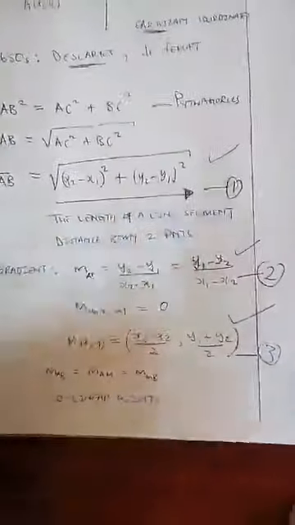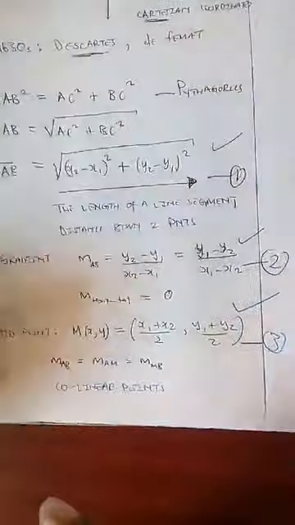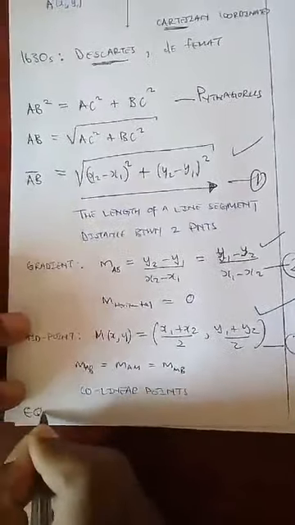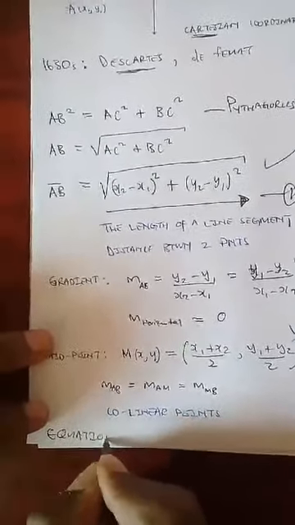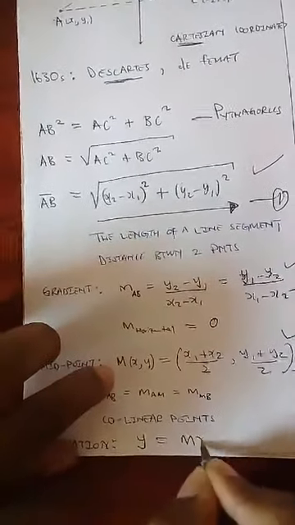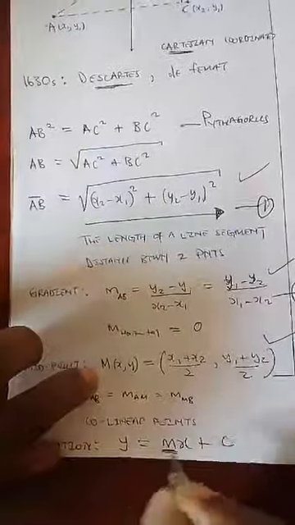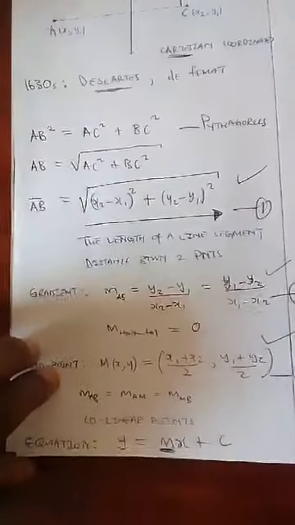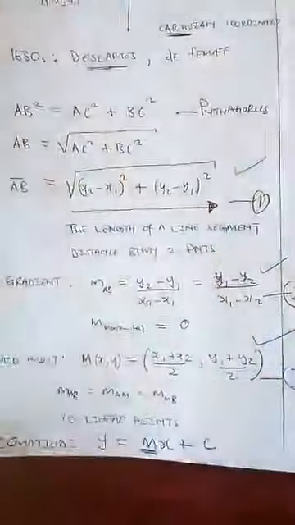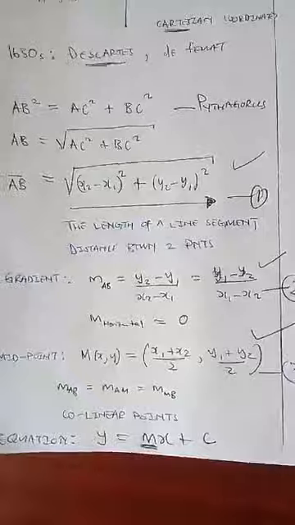Since we have defined the gradient and the midpoint, we might as well write the equation of the straight line. The equation of a line is given by y equals mx plus c, and m is the gradient. You should have come across this in grade 10, and c is the y-intercept. So this is just what we can get out of the way now. This is the equation of the straight line, but we will come back to it.